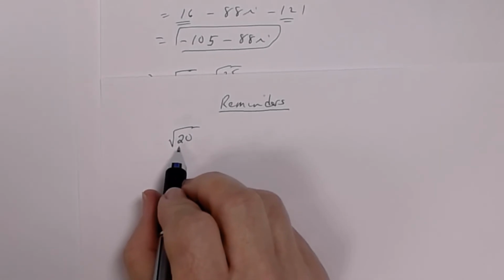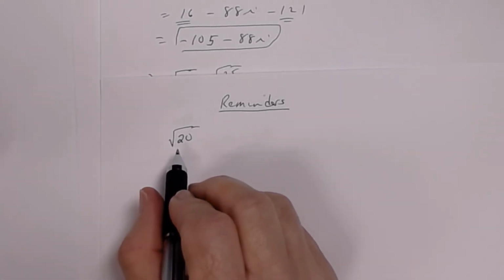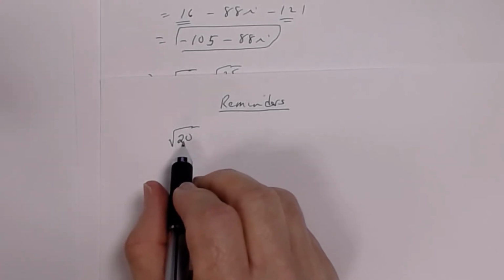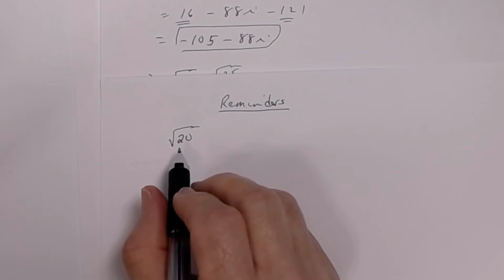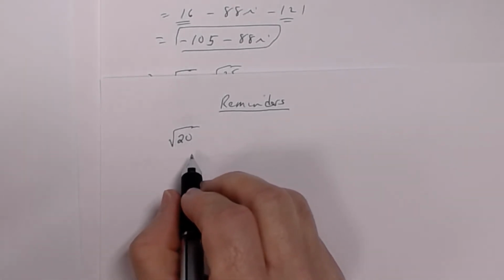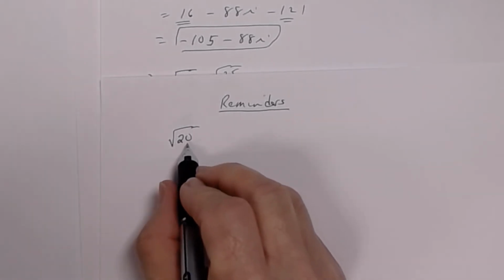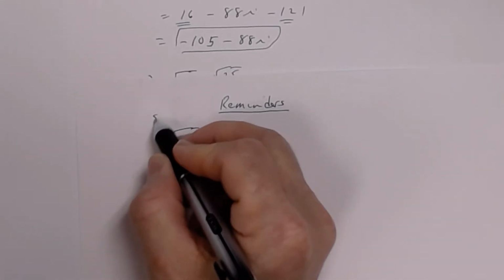Now notice 20 is not a perfect square, so there is no whole number times itself that's 20. 4 times 4 is not 20, 5 times 5 is not 20, 6 times 6 is not 20, and so on.